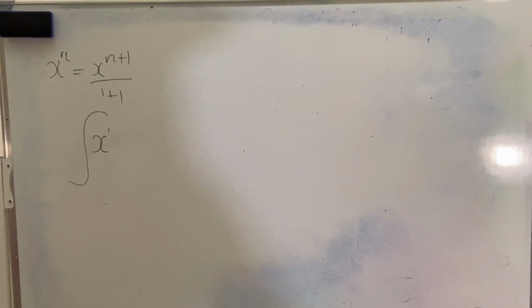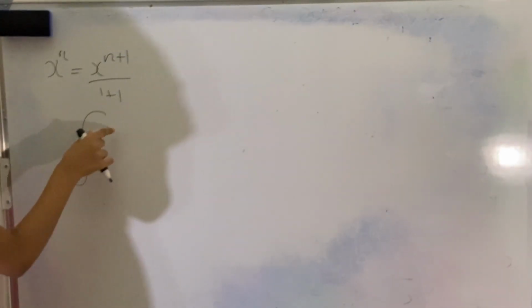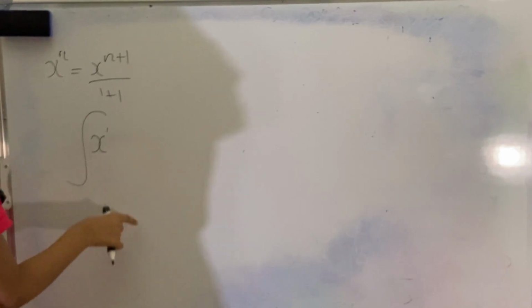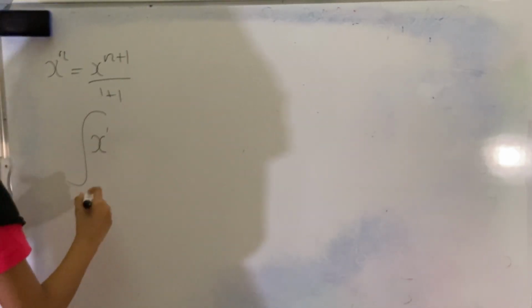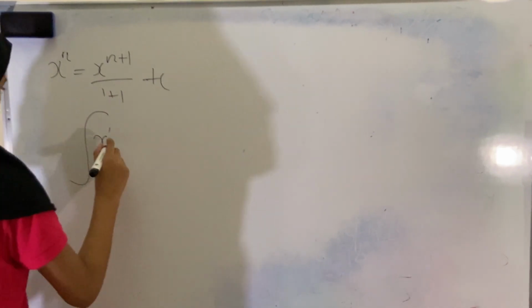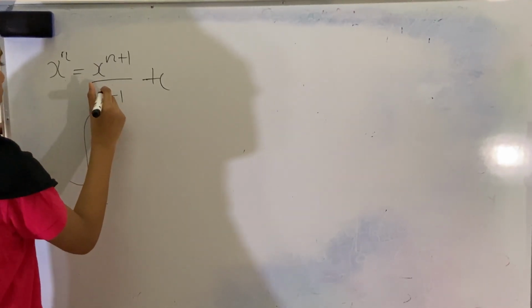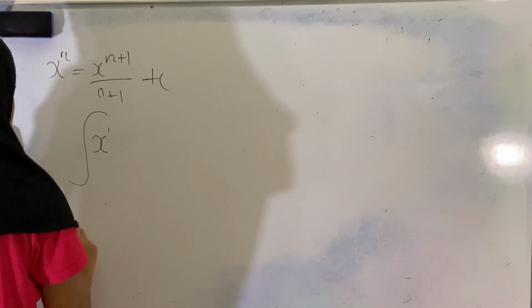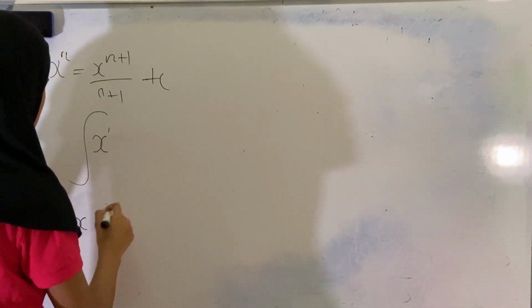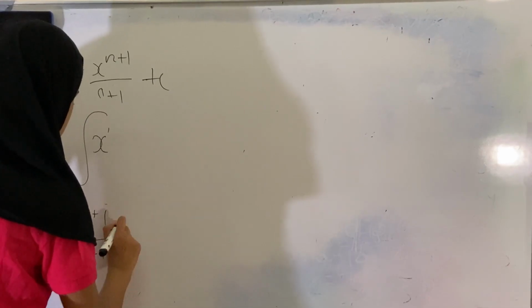Like I said before, we don't need to show the 1 as the power of x. So here there's already a 1 on top of x, so x raised to 1 plus 1, by 1 plus 1, plus c.